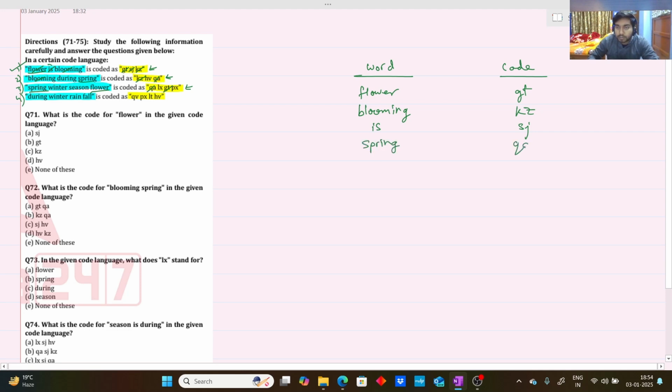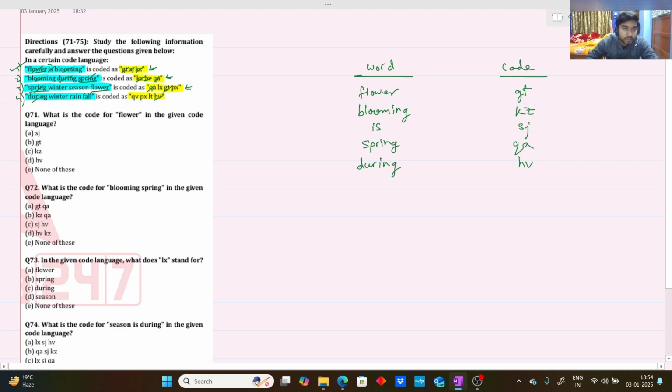In the second sentence, blooming is done, spring is done. Only "during" is left, and only one code is left, HV. That means during is HV. During is also present in my fourth sentence, so during HV is done.